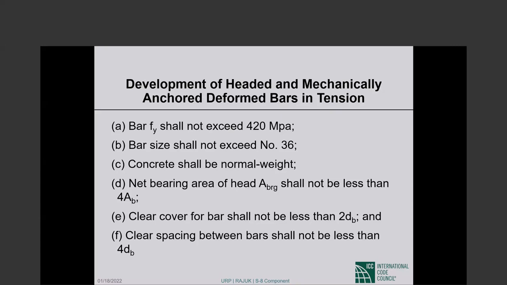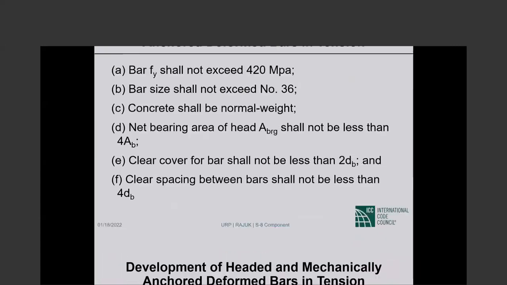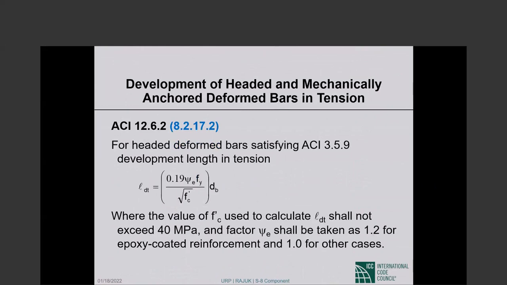Okay, that has been relaxed in subsequent editions, but we are on ACI 318-08, so I don't want to take you into the future. If all those conditions are satisfied, you can use headed bars for development or anchorage.